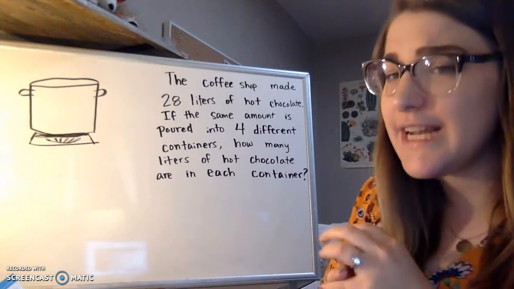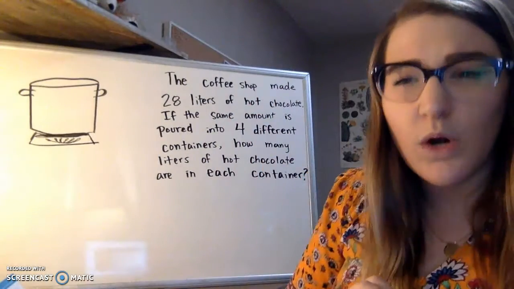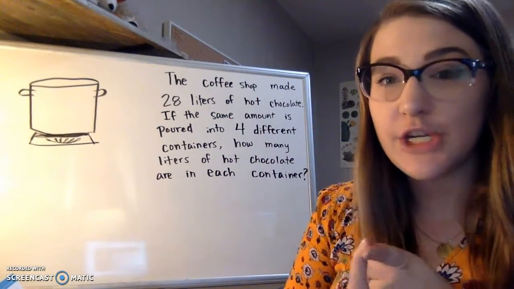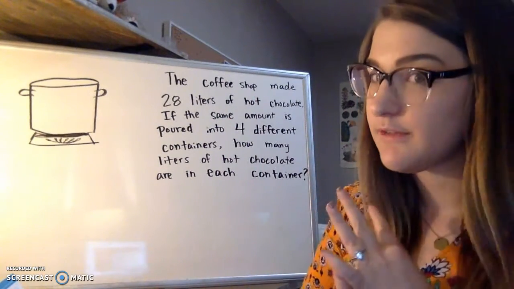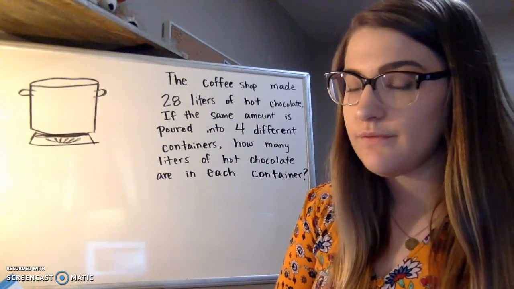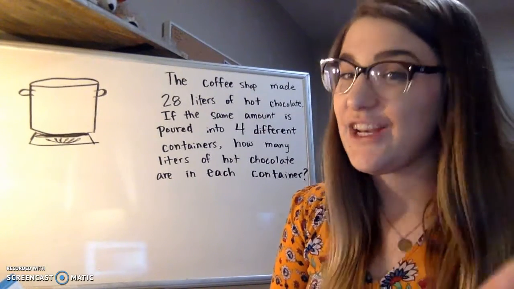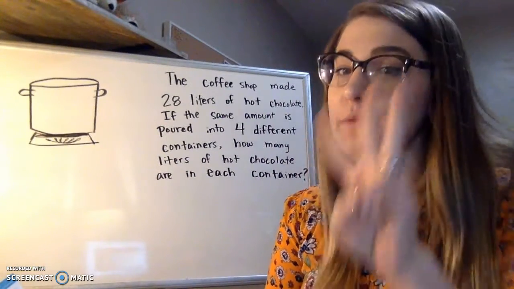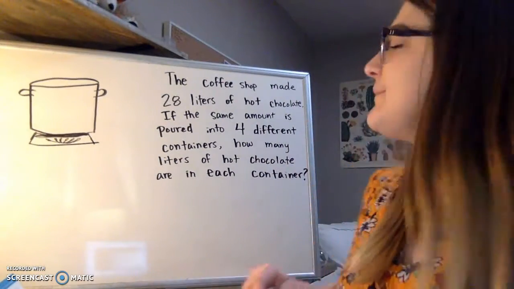So when we are reading this word problem, does it make you think that we're going to do addition, subtraction, multiplication, or division? And what keywords make you think so? Okay, so I'll read it one more time, and you look for those clue words that are going to tell us if we're going to do addition, subtraction, multiplication, or division. Okay?